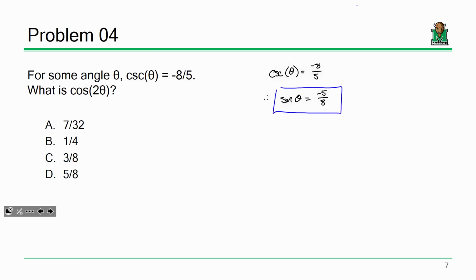Now, I know this. What I'm trying to find is the cosine of 2 theta. So how do I do that? Well, is there an identity we can use? We could take the inverse sine of that, then 2 times that, cosine of 2 times that.